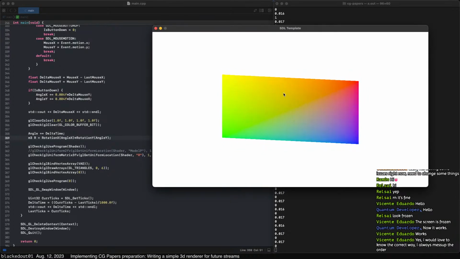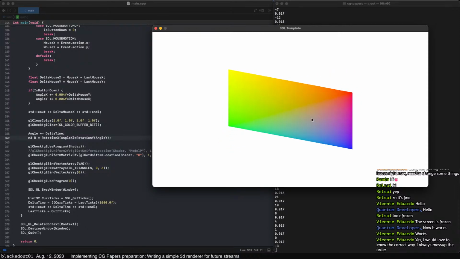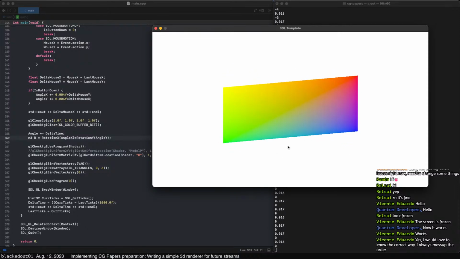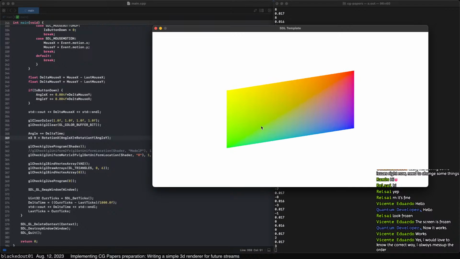So if I now rotate around the x-axis at first, it works, but then we rotate around the y-axis in local space. So this is why when I now turn my mouse this way, it doesn't rotate around the global y-axis. It rotates instead around the y-axis that is in this rectangle, and you can see that. I hope.